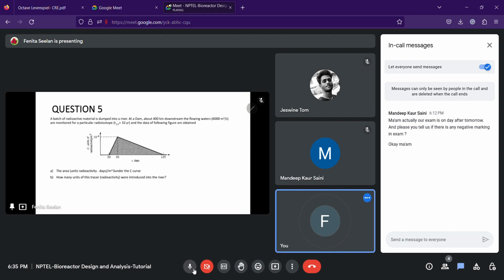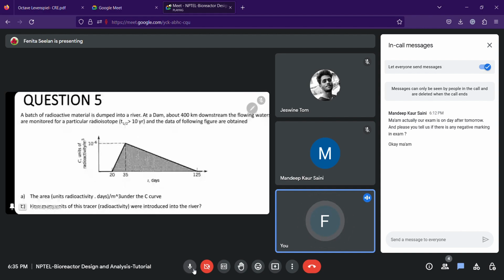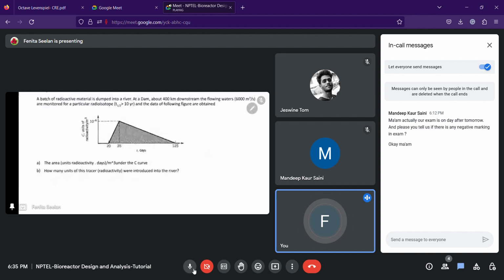This is a graph which gives you concentration, with units of radioactivity per meter cube, with respect to time. You are asked for the area under the C curve in units of radioactivity into days per meter cube. And the second question is, how many units of this tracer, which is the radioactive isotope, were introduced into the river?